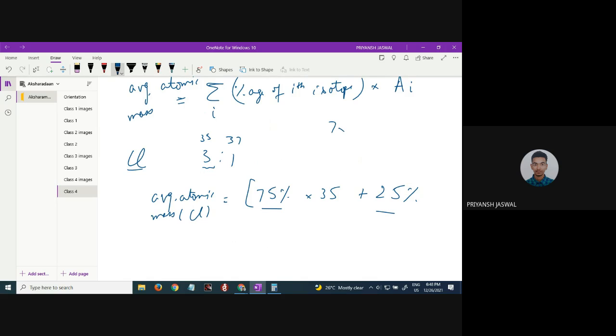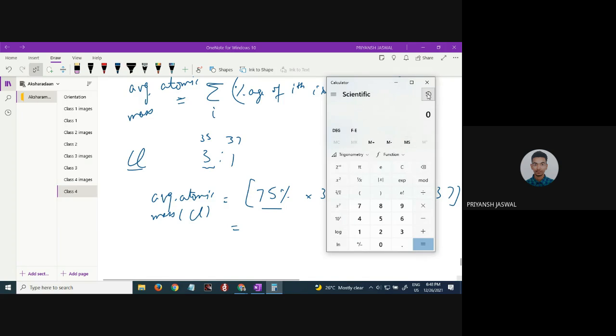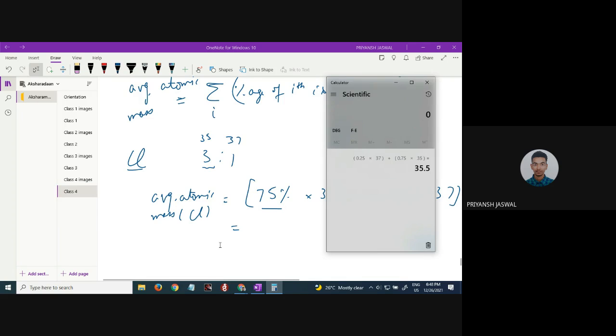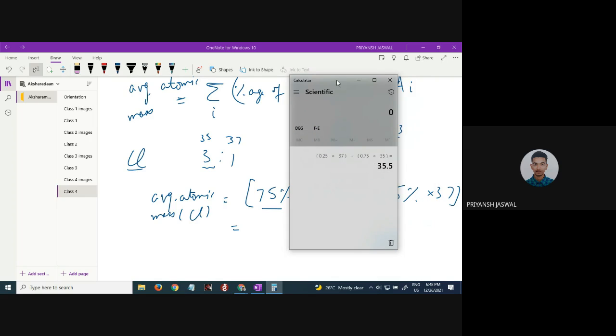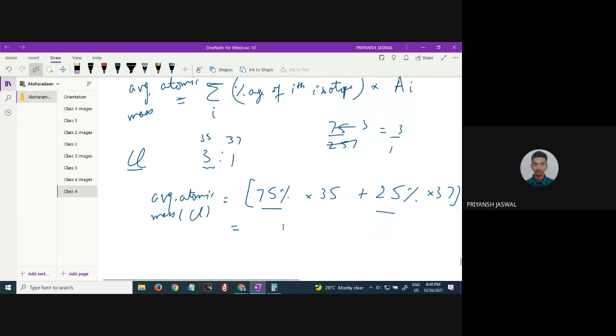If you divide 75 by 25, you get 3 by 1. 25% of 37. I've already calculated it: 25% of 37 and 75% of 35, when added, give 35.5 U.